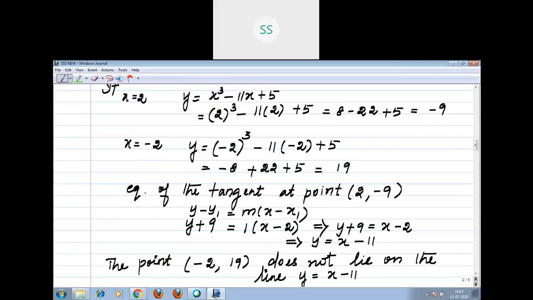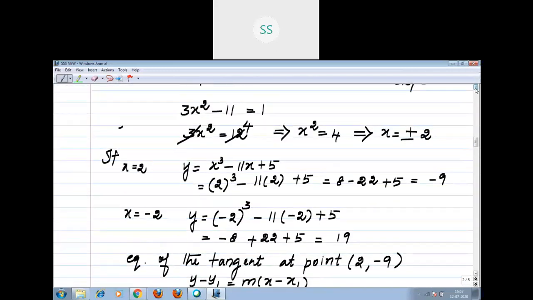That's why I said slope of the tangent to the curve is equal to slope of the line. Right? Once again, I repeat, you have to listen carefully, children. The question is not direct.